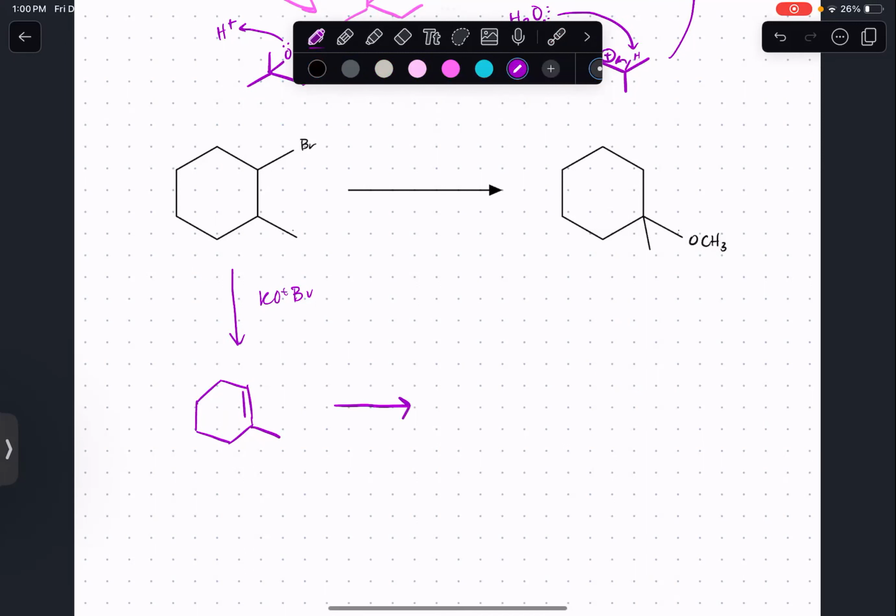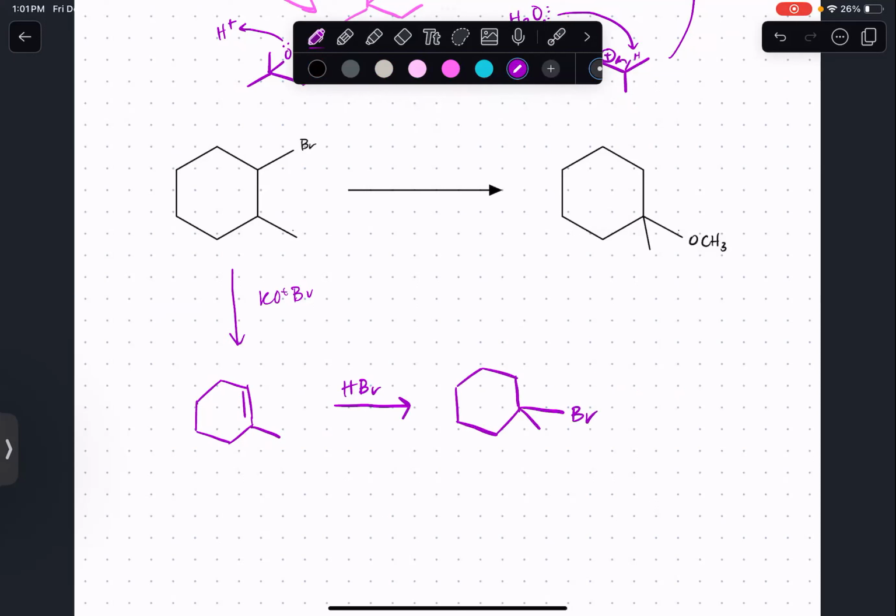Then I'm like, okay, what can I add on there now that's going to be a good leaving group? I only really know one way, at least from the reactions you guys know right now, that we could do that, and that would be to add hydrogen and bromine. And this is a Markovnikov regioselective reaction.